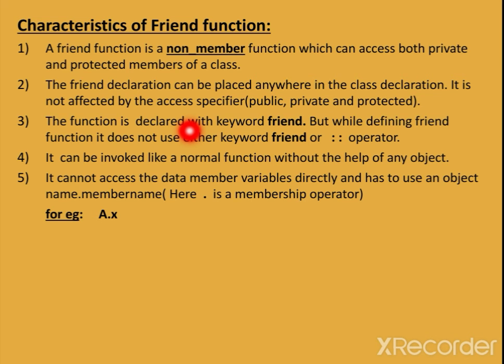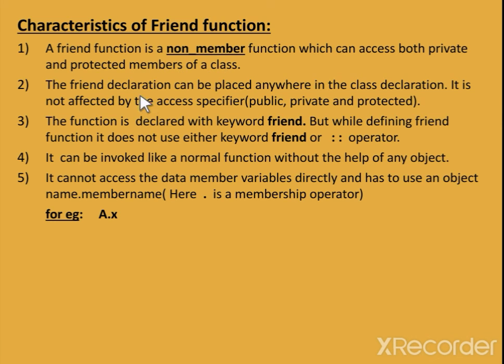Next we'll see characteristics of friend function. A friend function is a non-member function which can access both the private and protected members of a class.